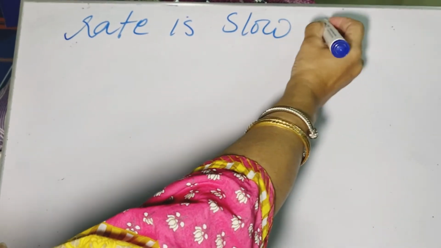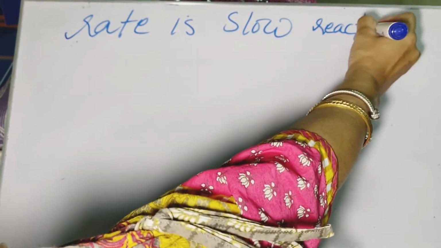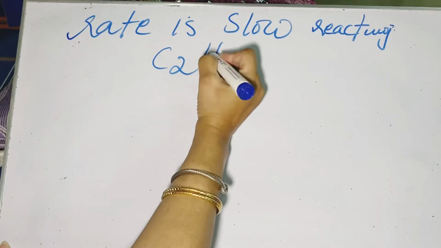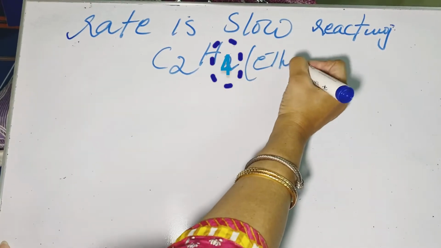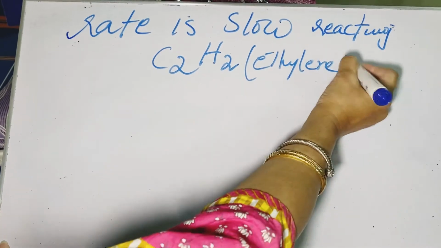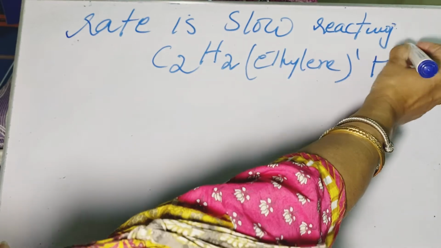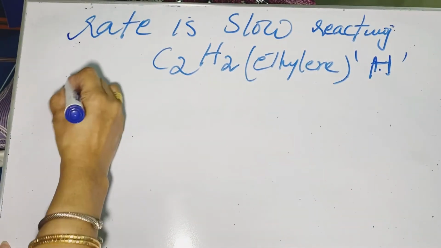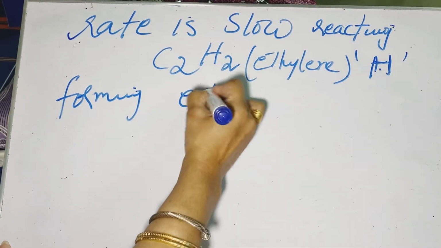So sometimes the rate is very slow, like when you are reacting ethylene, C2H4, with some hydrogen, forming, of course, in a simple example, ethane.